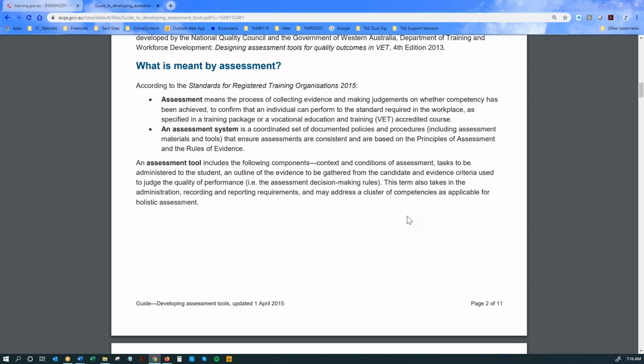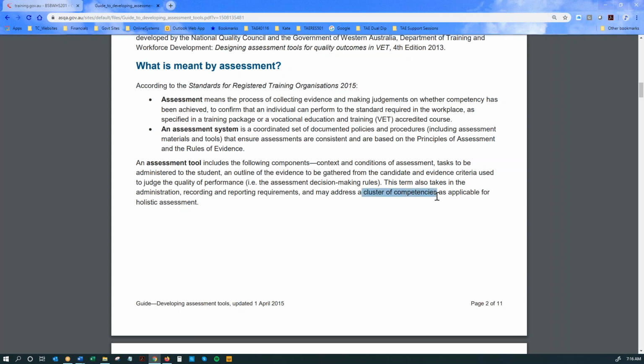Then we'll provide a summary of what we need to gather from the candidate, and then our marking guide, which will be our evidence criteria, so that if you had 10 different assessors looking at the assessment process for a group of students, they would all come up with the same outcome decisions. Often the term assessment tool also takes into account any administration, recording and reporting that may be required.